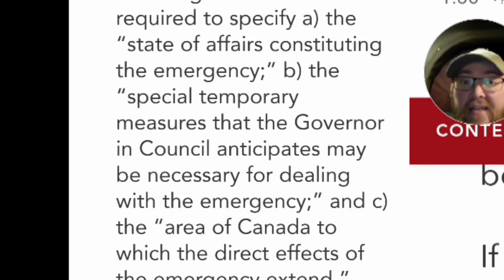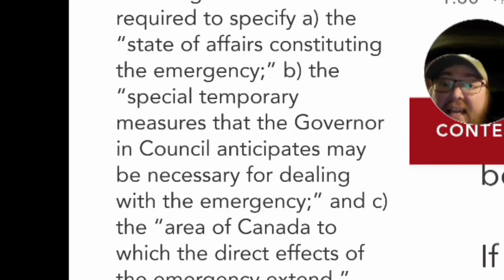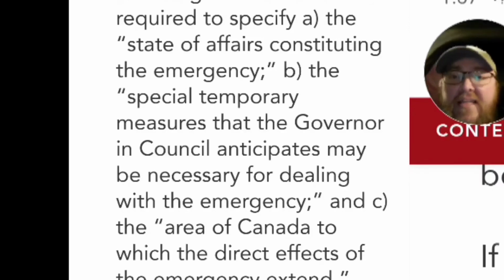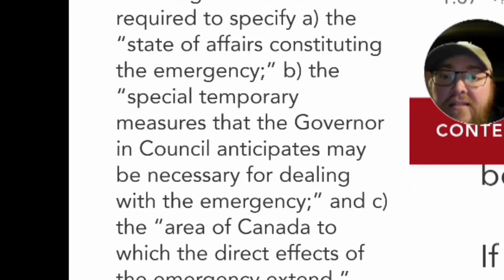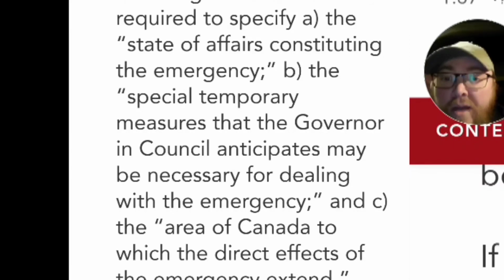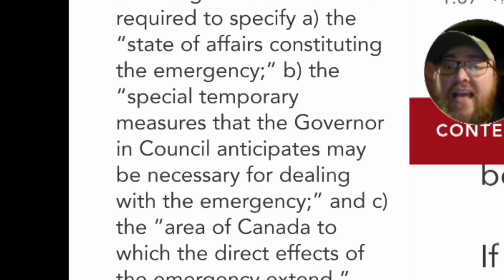And then C, the area of Canada to which the direct effects of the emergency extend. So, listen to the language. The area of Canada, not Canada as an area, the area of Canada to which the direct effects of the emergency extend.